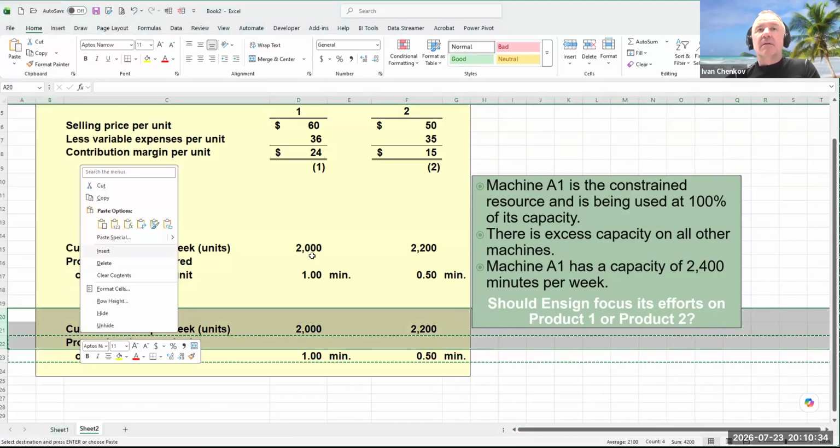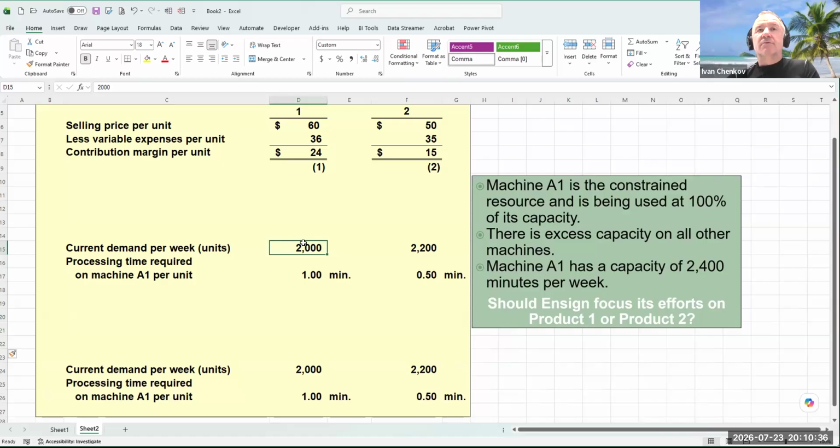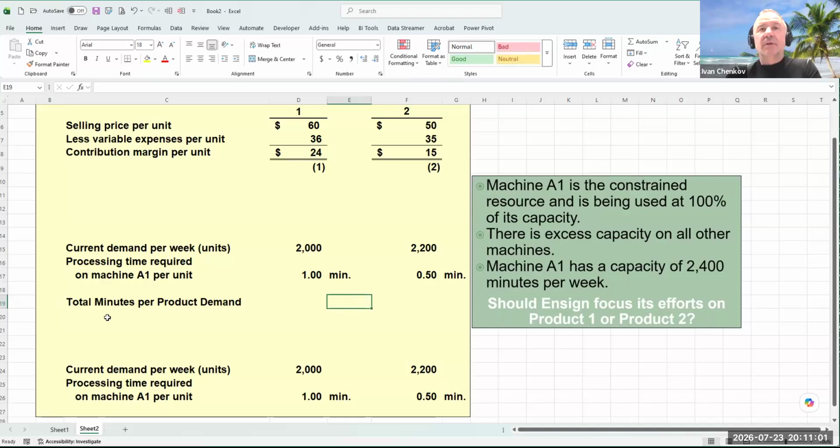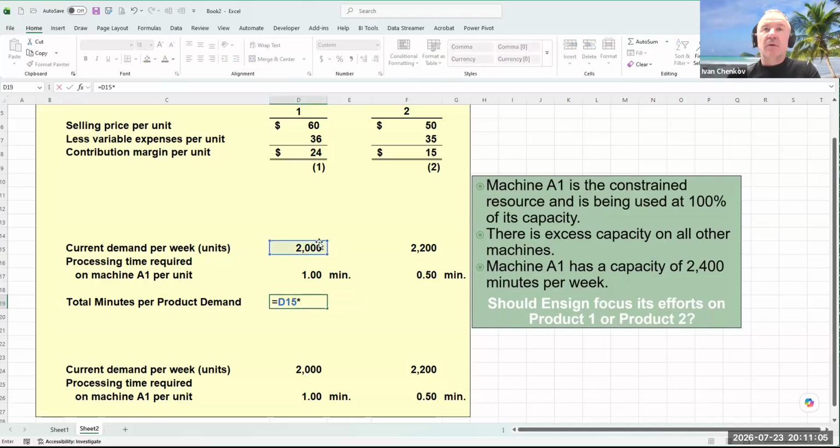In order to meet our demand, for product one, the demand is 2,000 products and it takes 1 minute to produce one product, so in total we need 2,000 products times 1 minute.